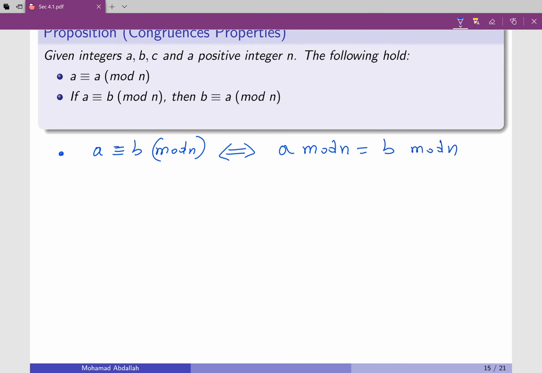Note that over here I'm using congruence, and over here I'm using the regular equality. In regular equality, the left equals the right is the same as the right equals the left. So this is equivalent to saying that B mod n is equal to A mod n, which is equivalent to saying that B is congruent to A modulo n.